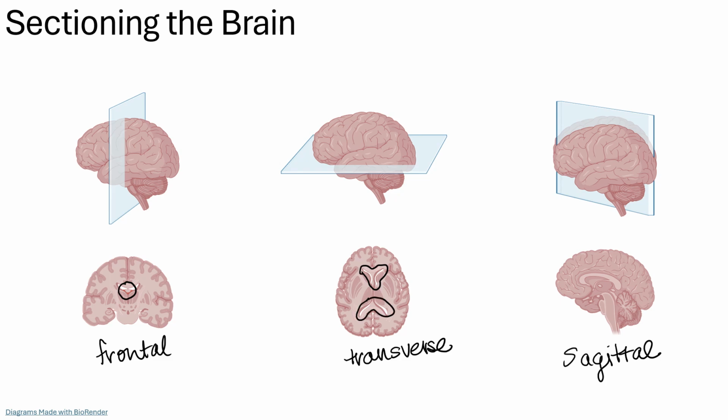Those are open spaces. And usually those things students can use as landmarks to help orient them in sections. So take a look at the section on the left and the middle. Try to find open spaces and choroid plexuses or ventricles.